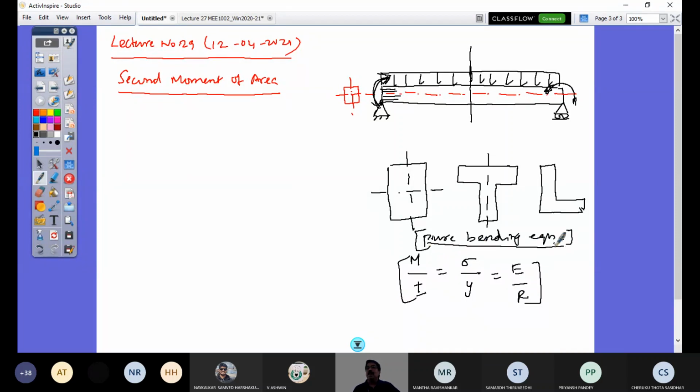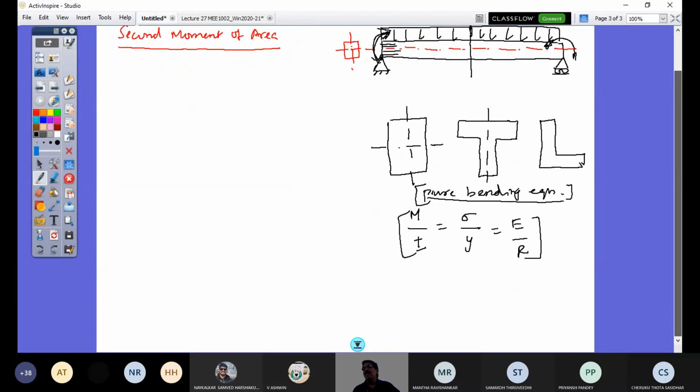In this, if you look at the bending stress that is developed here, which is sigma, it is given by M into Y by I, where M is the total bending moment in the section and Y is the distance of the layer that I consider. So here I said this layer. If it is the bottommost layer from the neutral axis, it is at a distance d by 2, if depth is d for the section.